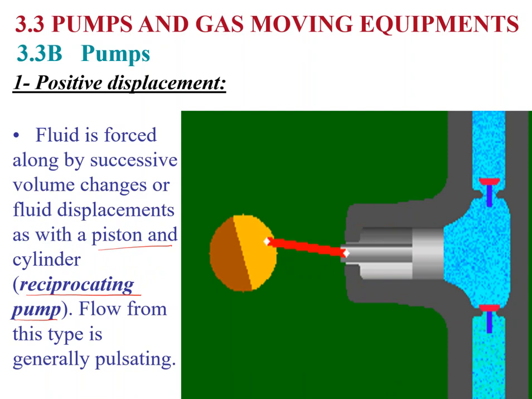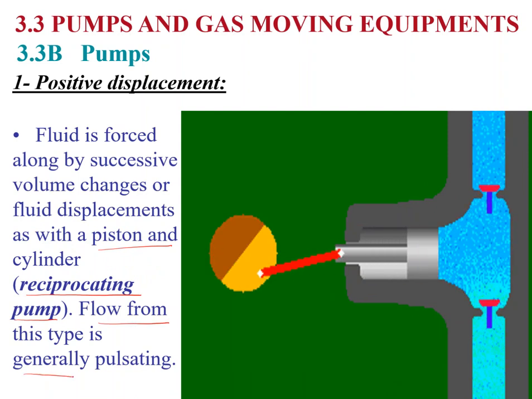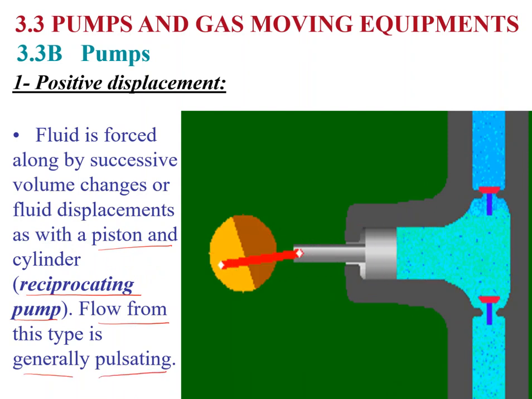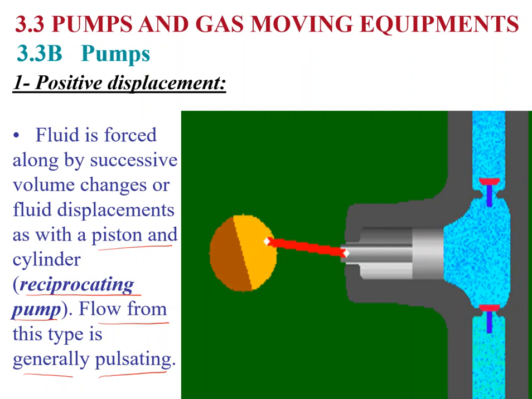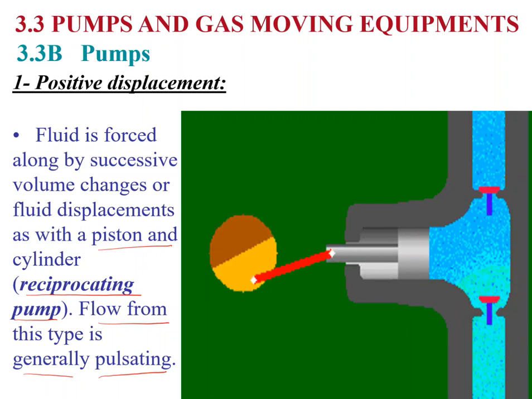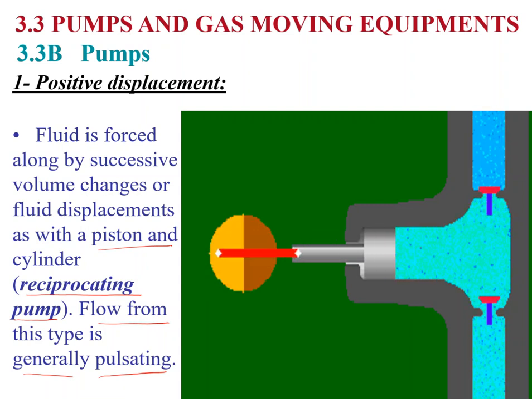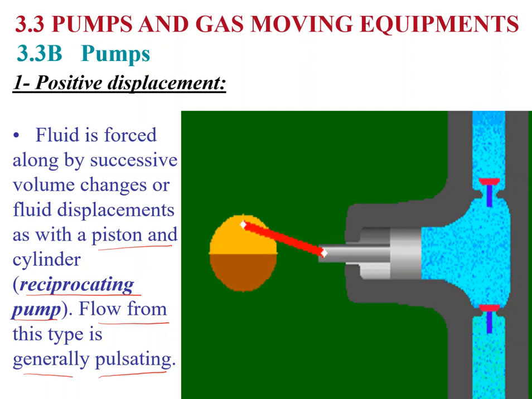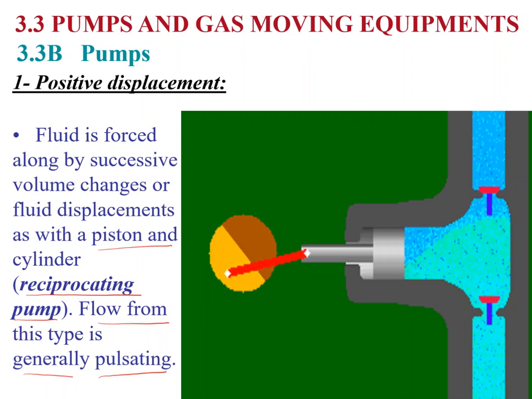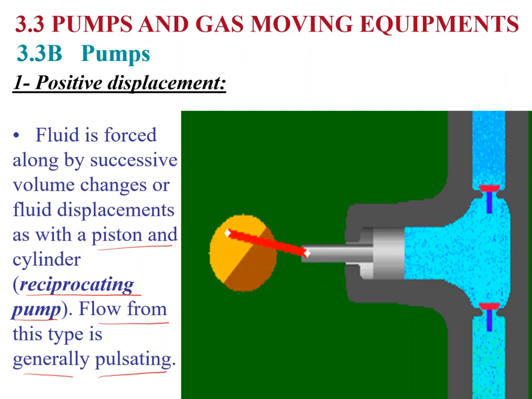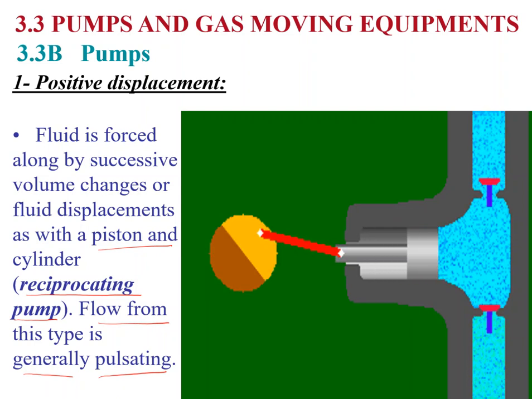The flow from this type is generally pulsating, like a pulse. It is one pulse after another. But because it is happening so fast, this pulse is not noticeable. So the first type of positive displacement pump is called piston and cylinder, or the reciprocating pump.